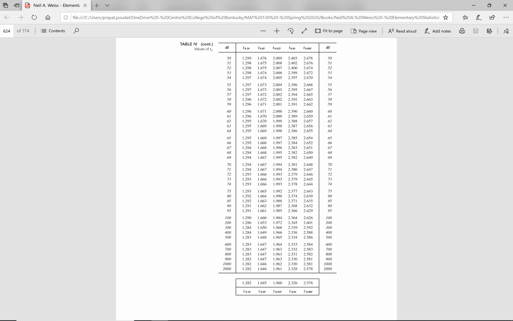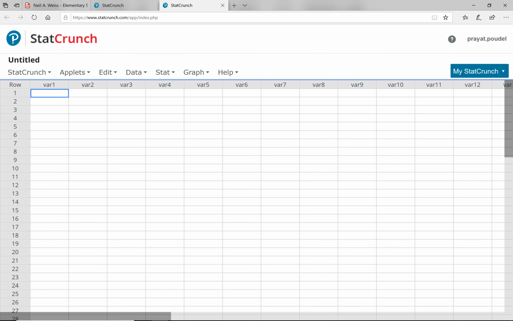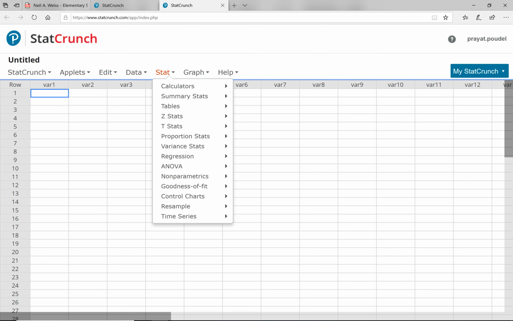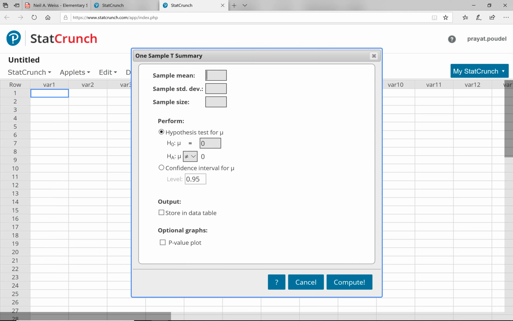So let me open up StatCrunch again. What we're going to do is a t-stats, one sample. Are we doing it from data or from summary? Do we have all the data, or do we have summary information? We have summary, right?